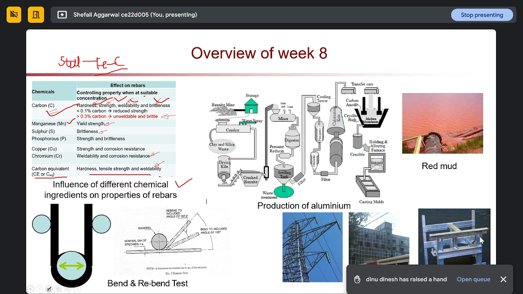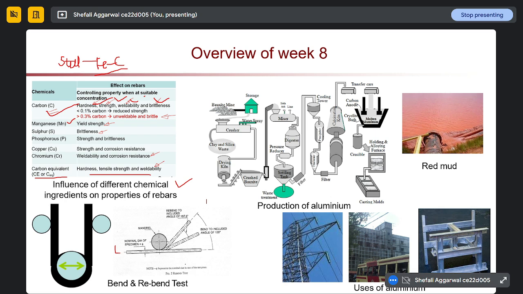Ma'am, in assignment 7, they asked whether adding carbon to steel reduces strength, true or false.